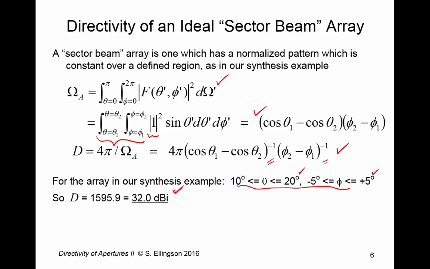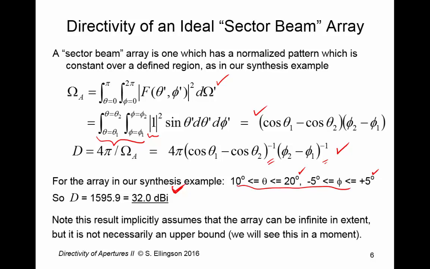If we compute our directivity exactly using some method that allows exact computation of directivity, then we know that it should come out to be pretty close to 32 dBi. And things like truncation of the aperture and other things should still give us something in this ballpark. It shouldn't be radically different from that number. Note that this result implicitly assumes that the array will be infinite in extent, but is not necessarily an upper bound.